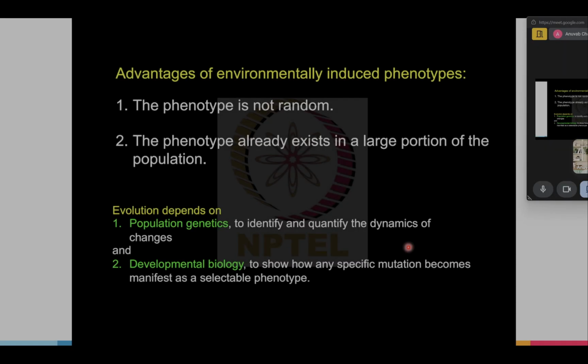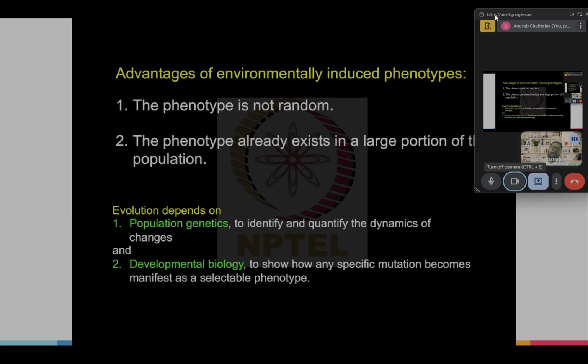The other thing is that environmentally induced phenotypes and genetic assimilation are really important aspects of evolution, because the phenotype is not random. The phenotype was always hidden but suppressed because the environmental trigger was not present. Since it is always present, it shows that it is not harmful to development, so it will not cause fatal changes in early development.